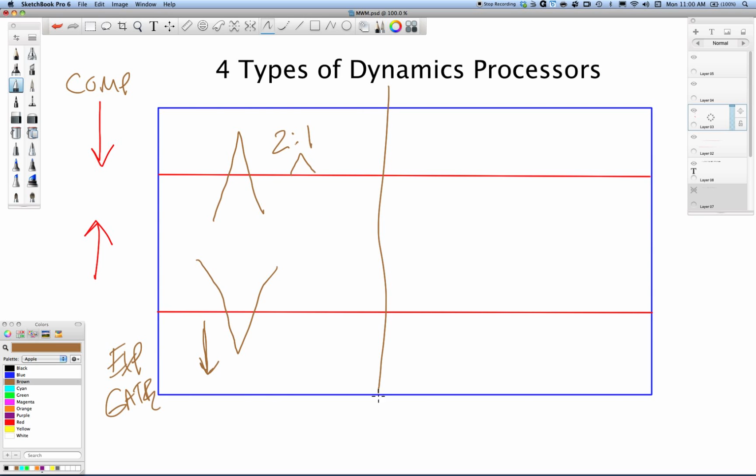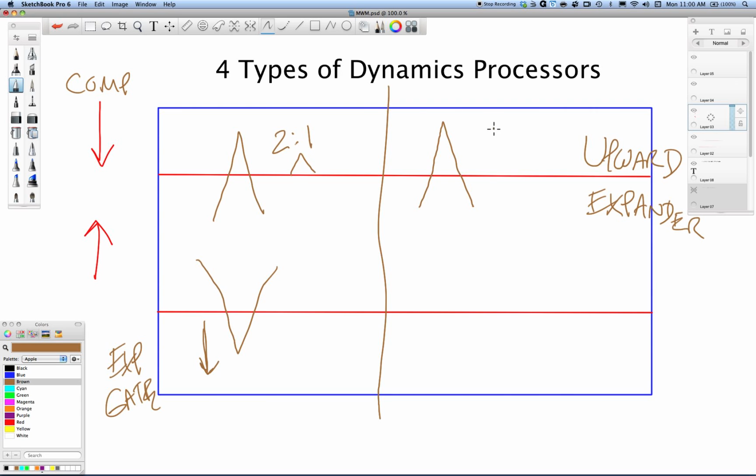Now, you can divide this in half, and what I want to do is talk on this side about upward compression and expansion. So when we're dealing with it from this side and we have a signal that passes above threshold, now we have an upward expander, because what we're really doing here is we're inverting the ratio.